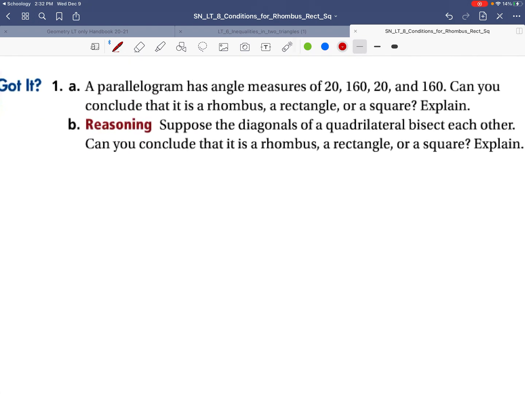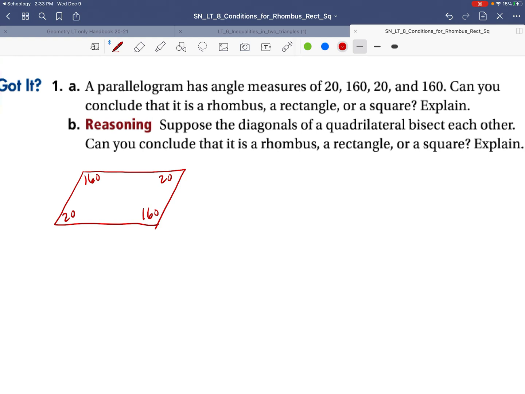Let's look over here. 1A. A parallelogram has angle measures 20, 160, 20, 160. Can you conclude that it is a rhombus, rectangle, or square? If I draw this and put 20 here, 160, 20, 160, we can see that this is definitely a parallelogram. Could it be a rhombus?